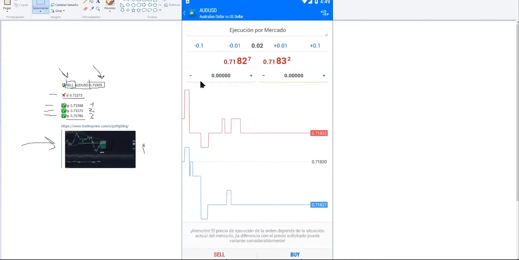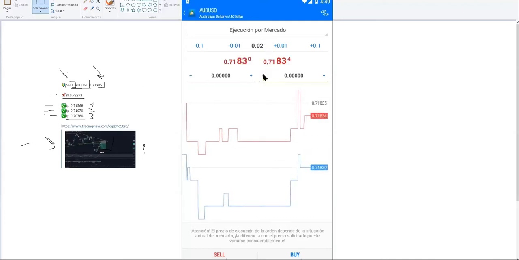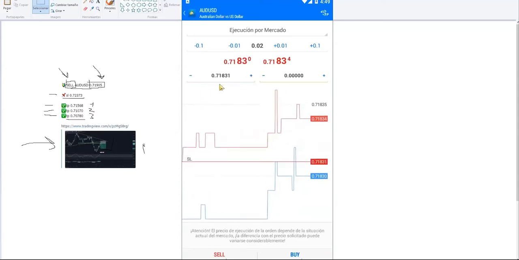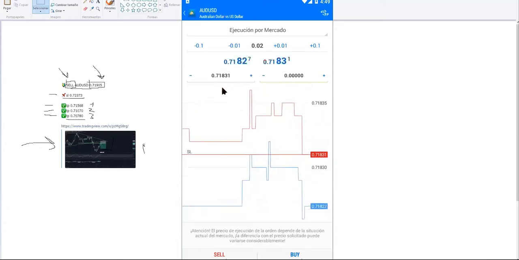You can see that the number is actually lower than the price of entry, so that means we are a little bit late to enter this trade. But anyway, as the trade is already activated, we need to jump into the trade right now before it gets too late. First we're gonna put the stop loss number. Here you have the stop loss number in the red zone, and here you have the take profit numbers in the green zone. So the first thing you need to do is put the stop loss number.